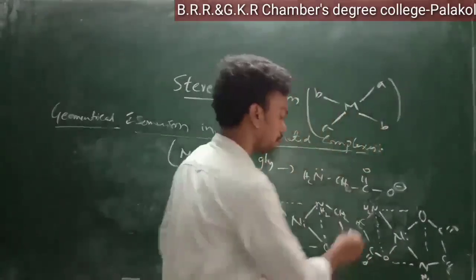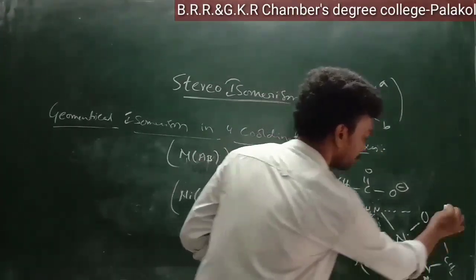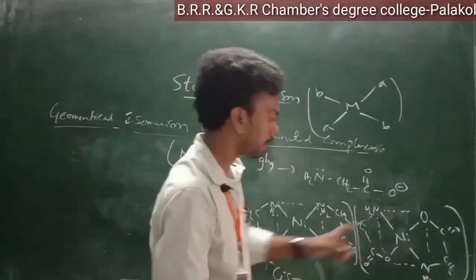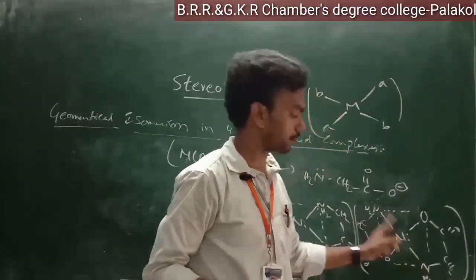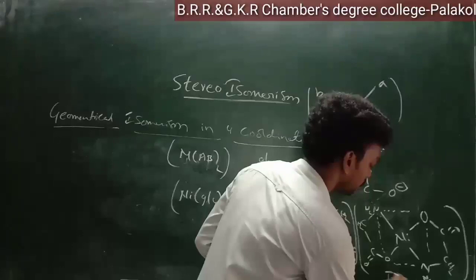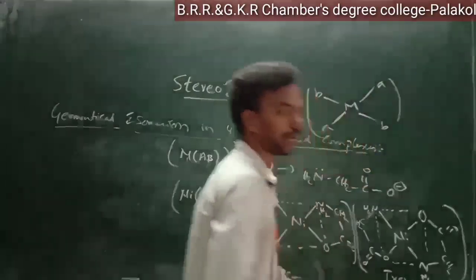So this is the second square planar complex. Here the nitrogens are on opposite sides. That means this isomer is a trans isomer.